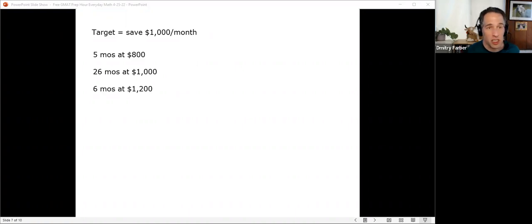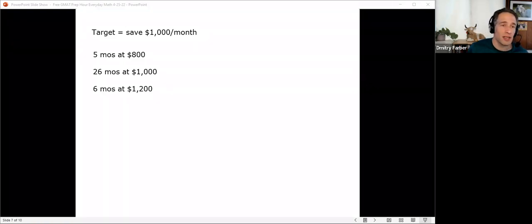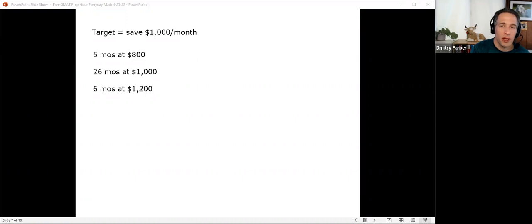If I try to calculate this weighted average, saying weighted average might put people off, because you might think, oh my gosh, I'm supposed to add up 800 times 5 and 1,000 times 26. Okay, it's 26,000, and 6 times 1,200 is 7,200, and divide by, what is that, 37 months? No, in fact, all the ones where I actually hit the average, I can ignore, because for those months I am at the average.